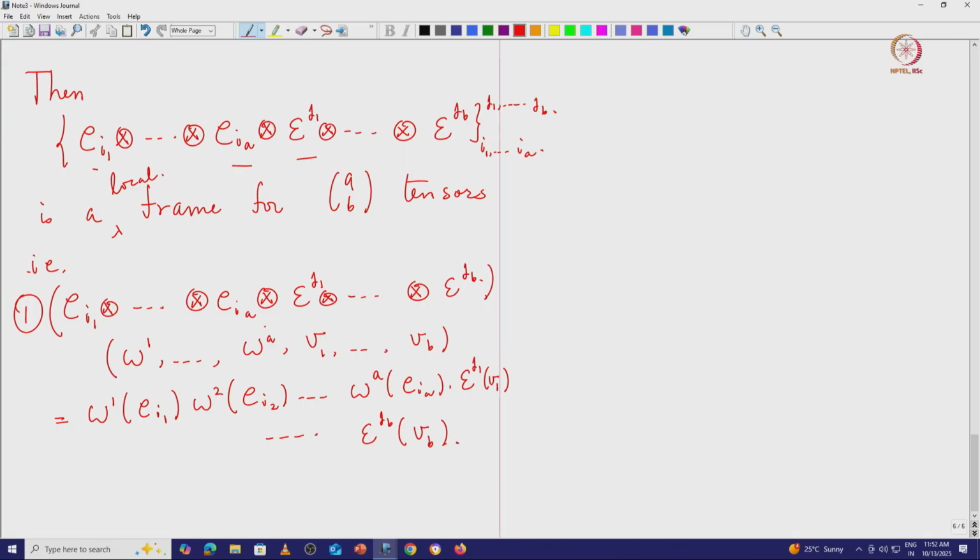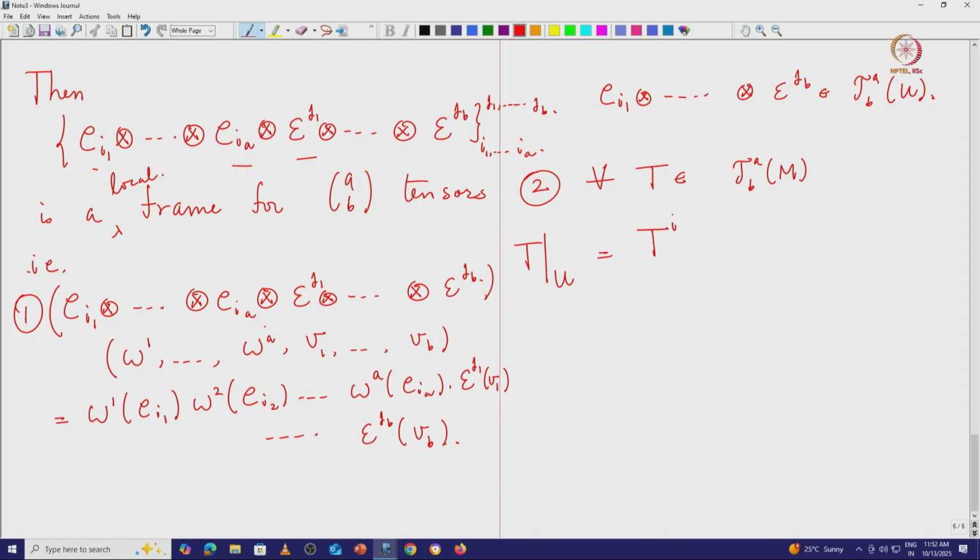So in this way, this collection actually defines an AB tensor over this open set U. And now one can check that for all AB tensors on M, the restriction can be written as a linear combination of this form.